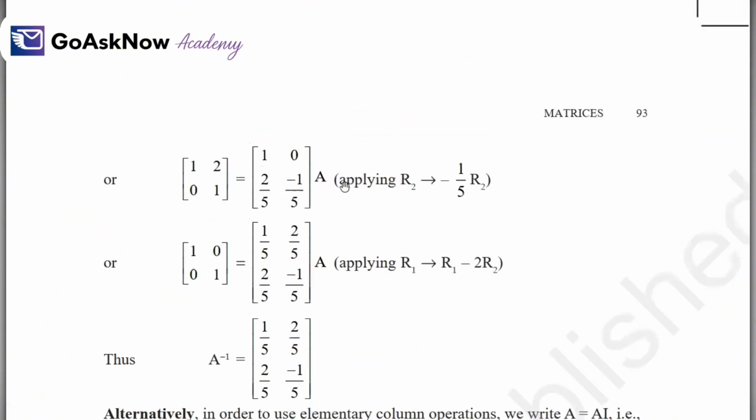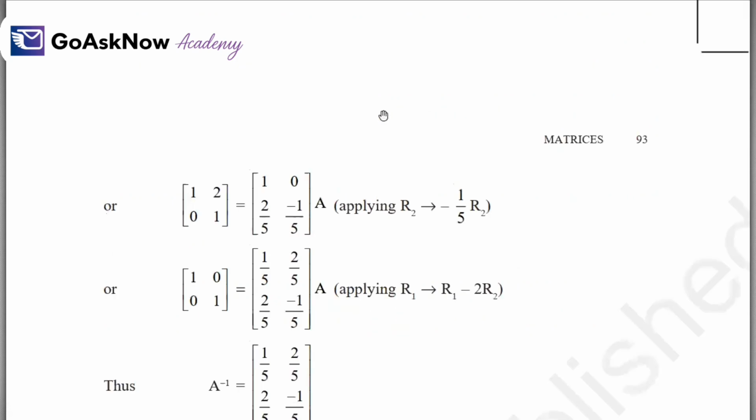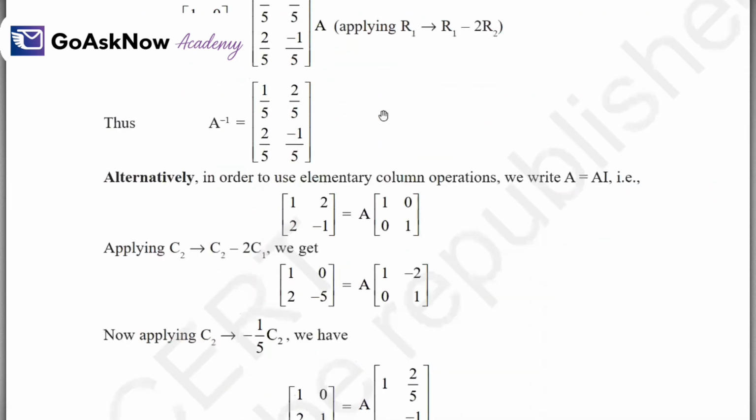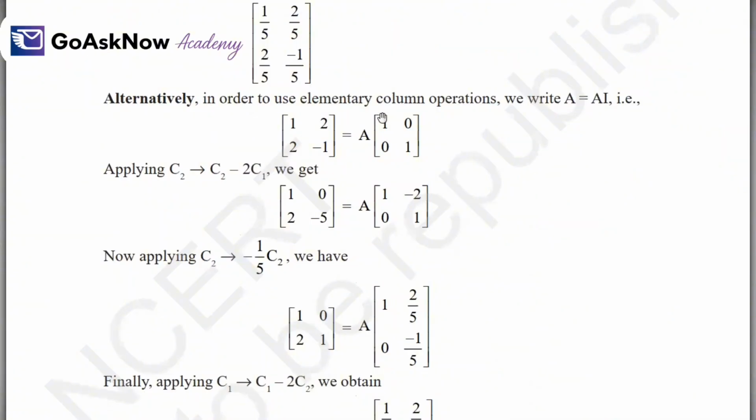Just I have to see the original matrix here. Yeah, they have done correctly here. Minus 1 times minus 2 times 2, that is equal to minus 5 will be there. So 1, 0, 2, minus 5 is there. That is equal to A into 1, 0, minus 2 and 1.